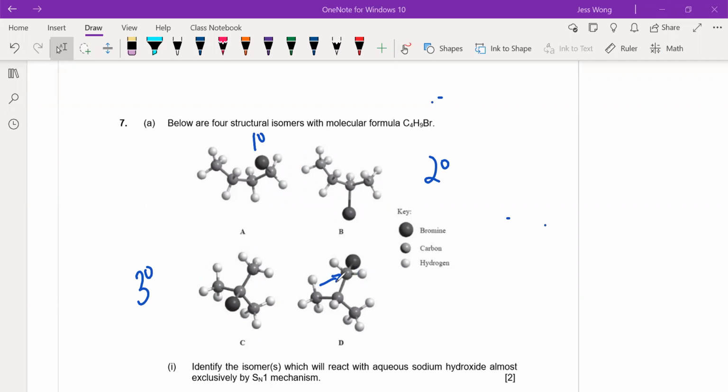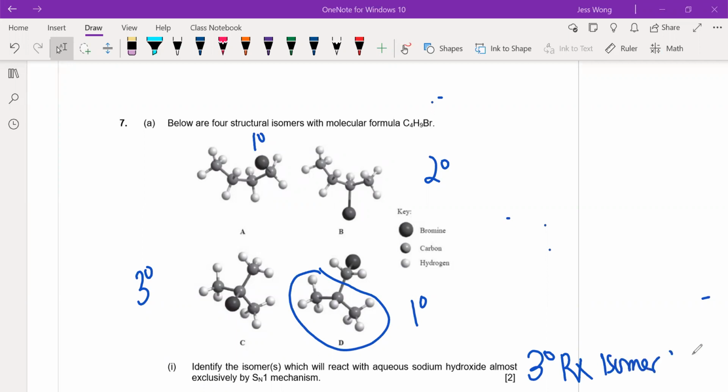It has 1 big alkyl group and 2 other hydrogens. So only 1 alkyl group, so primary. In order for something to react exclusively by the SN1 mechanism, we are looking at the tertiary halogenoalkane, and therefore it is isomer C.